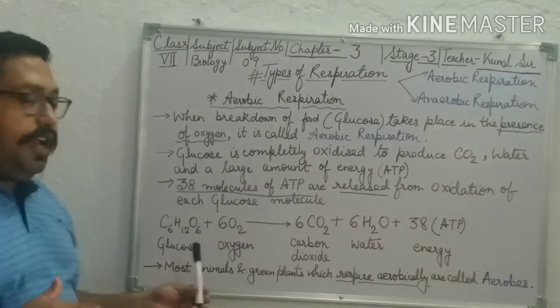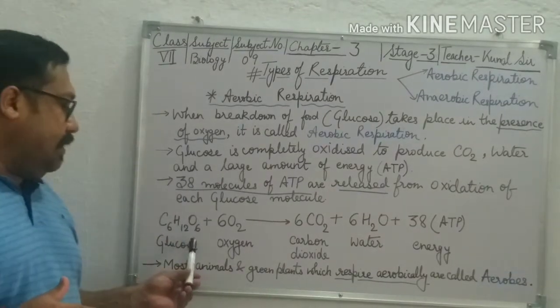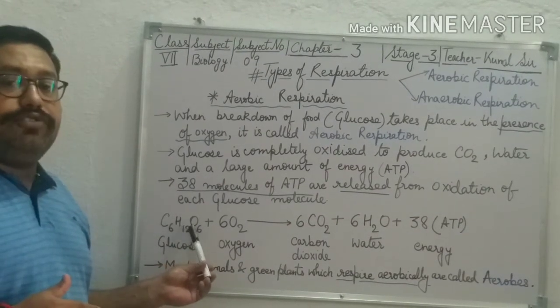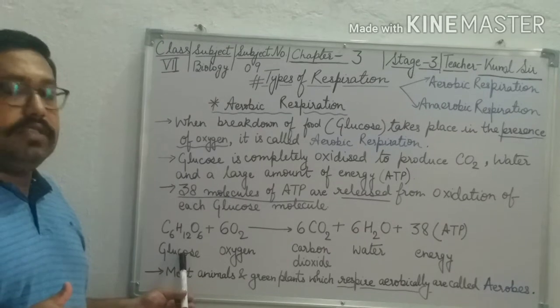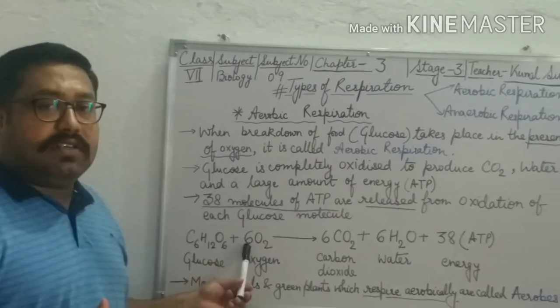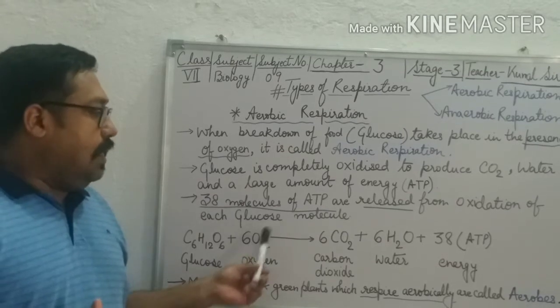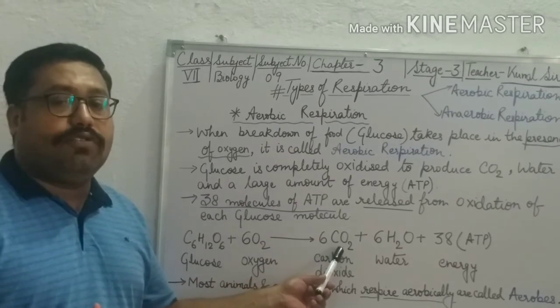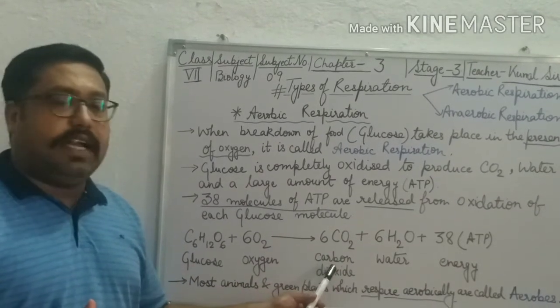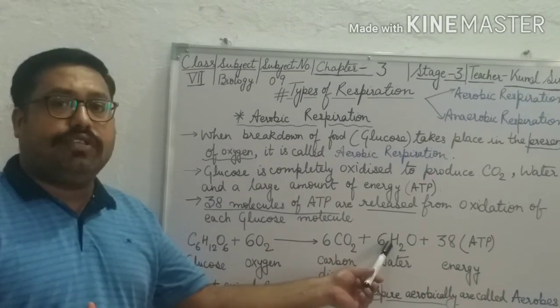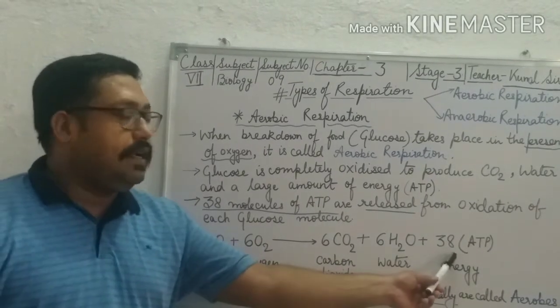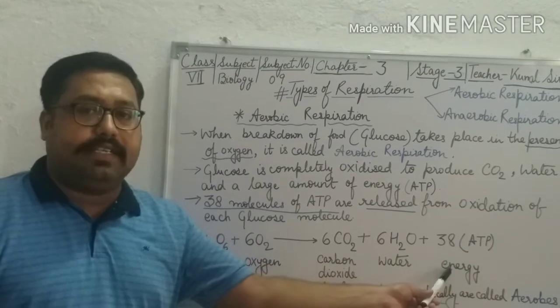If you go equation-wise, C6H12O6, which is glucose, in the presence of oxygen, that is 6O2, gives 6CO2, that is carbon dioxide, plus 6H2O, that is water, and 38 ATP, which is energy.